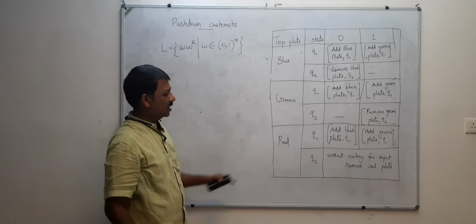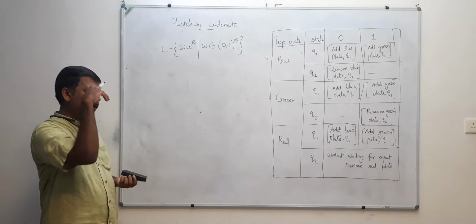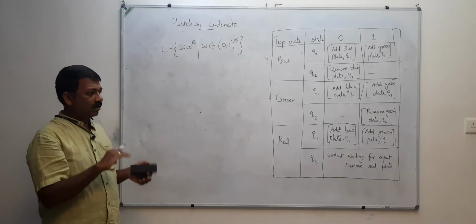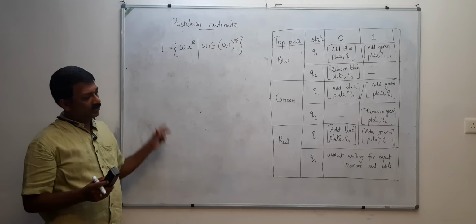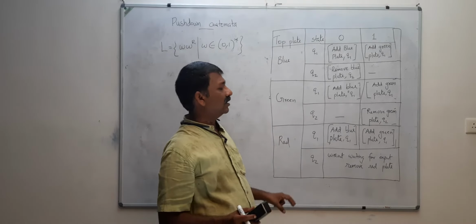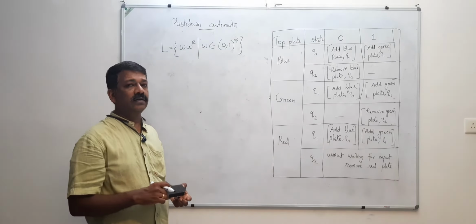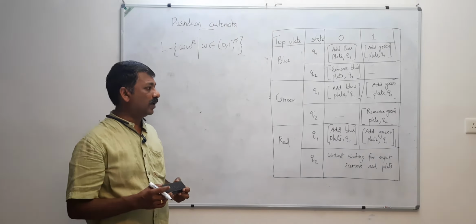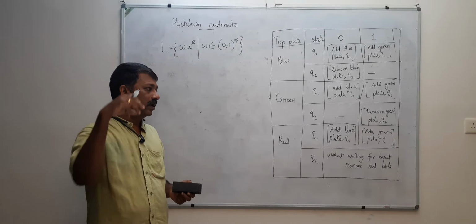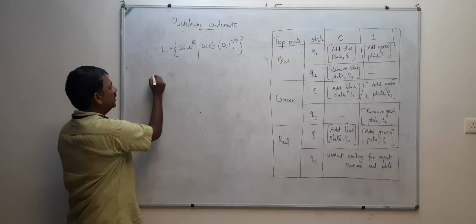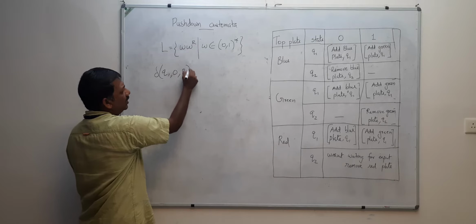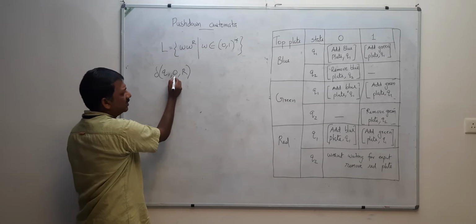If the current top of the stack is red, and if there encounters a blue plate or a red plate, then if it is a blue plate, we can... If it is not a blue plate, if there encounters a 0, definitely you can add a blue plate, and if there encounters a 1 in the input, then definitely you can add a green plate.